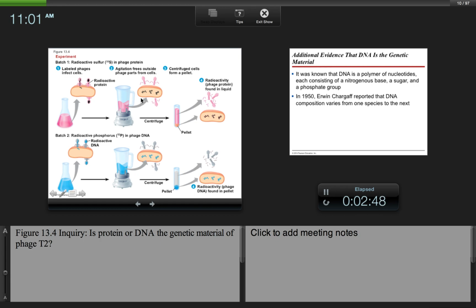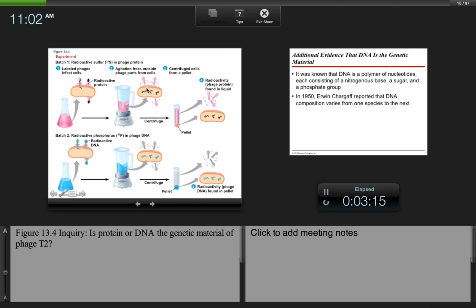Okay, so batch 1, they radioactively labeled the sulfur. Sulfur is only found in protein. It is not found in DNA. So they allowed the bacteriophage to infect the bacteria, and then agitation freed the outside phage parts from the cells, and then they ran it through a centrifuge, and after it spun, it formed a pellet at the bottom.